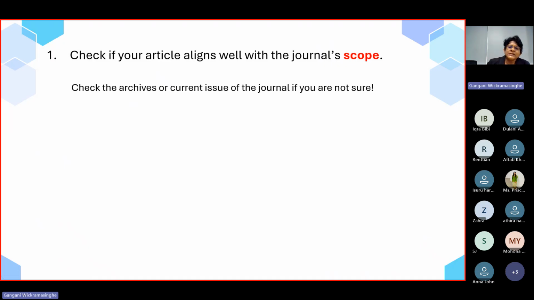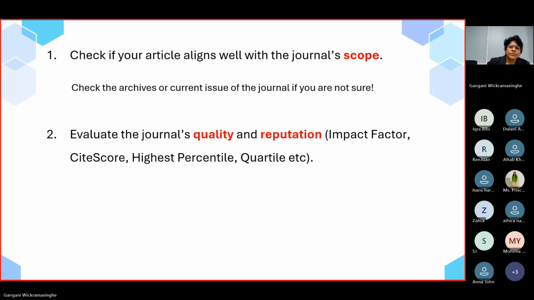Read a few articles that have already been published in the journal that you have selected, and see whether there are certain articles that match your area of specialization or match the scope that you have considered. So once you are sure about your article matching with your journal scope, then that should be a journal that you should consider.